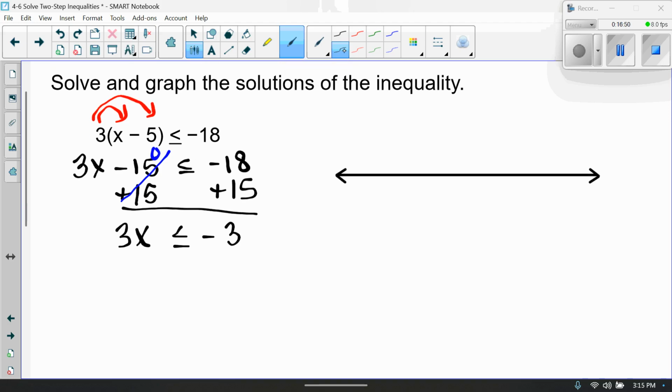So now, to get the x by itself, we will divide by 3 on both sides. Now, those 3's cancel to 1. 1 times x is x. And then negative 3 divided by 3 is negative 1. So we have x is greater than or equal to negative 1. Right?